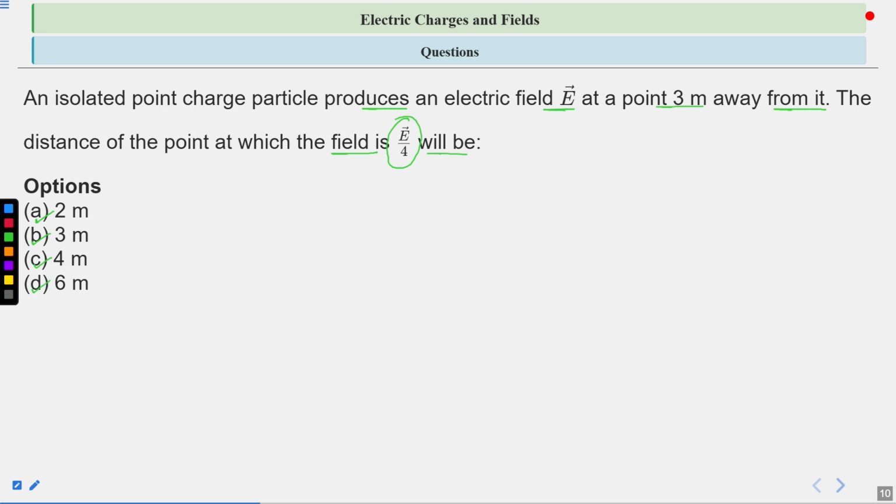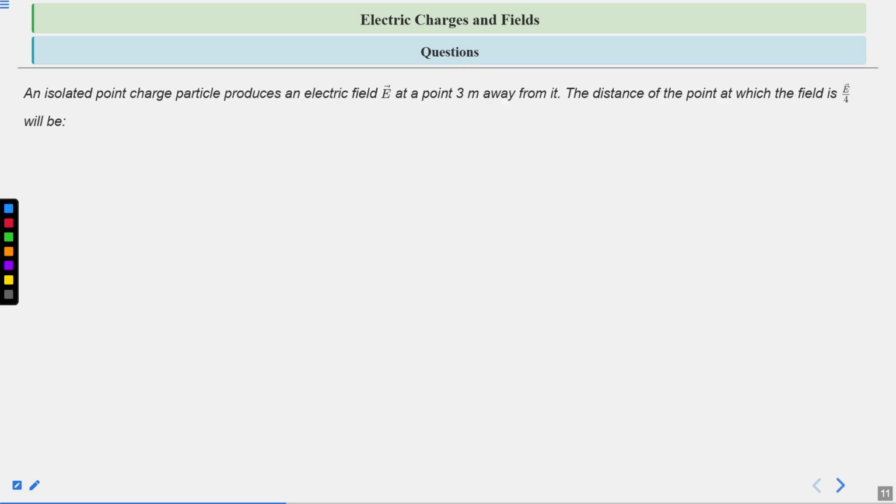So which one is correct? Think about this question. So correct answer is D, 6 meter.